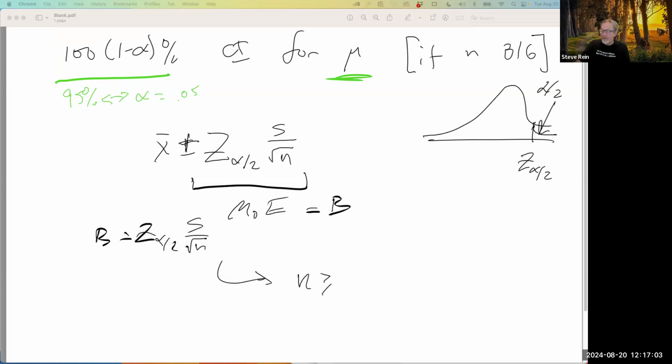So you want the margin of error to be less than or equal to B. So N should be Z alpha over 2 times then S over that target margin of error B, and square it. So you tell me you want to know the actual average length of catfish in the James River to within 1 millimeter. Plug in a 1 for B, solve for N.